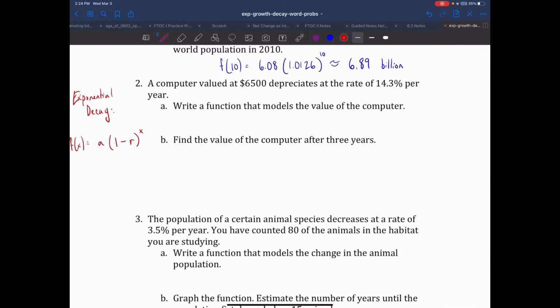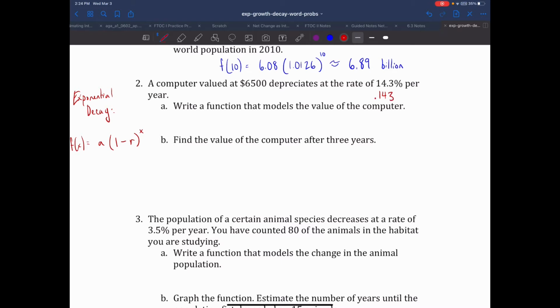So it says write a function that models the value of the computer. So what we're going to do is first find the growth factor, or this is a decay factor. So it's depreciating at the rate of 14.3% per year. So let's make that a decimal number. So that's going to be 0.143.